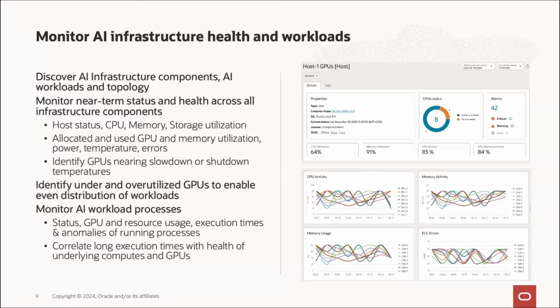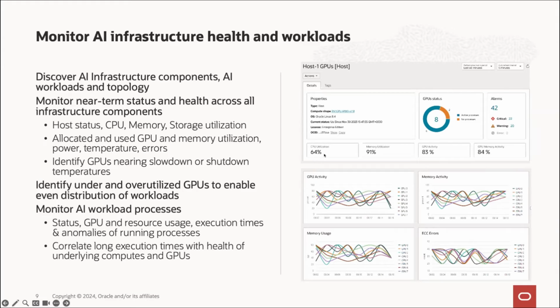We will let users look at some of the important aspects of how these things are being allocated and utilized by the GPU and the workload when you're running on this expensive infrastructure. It will help you identify GPUs which are nearing slowdown or shutdown, or having some thermal or temperature issue when the workload is running.